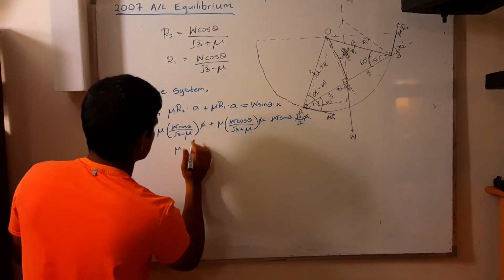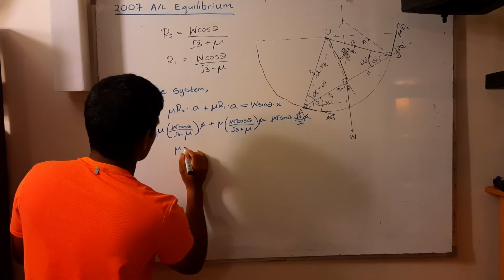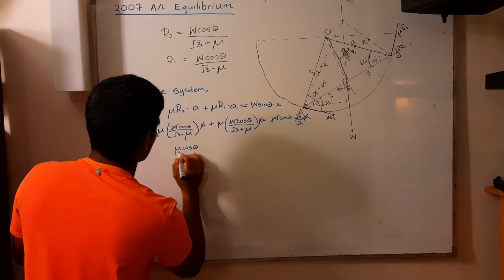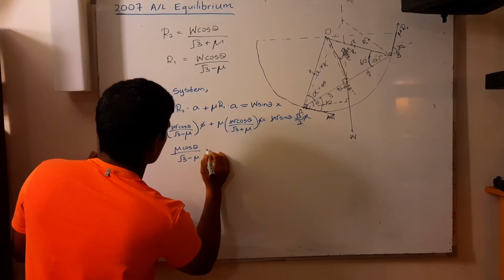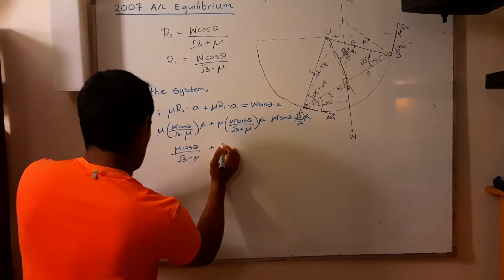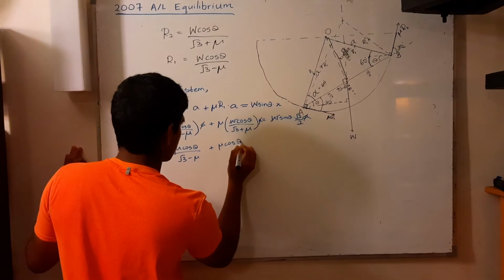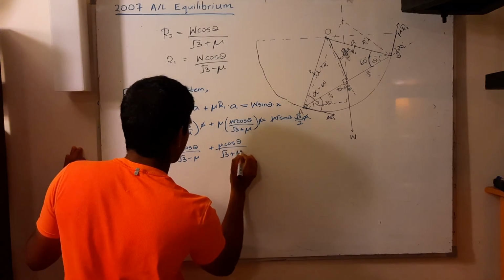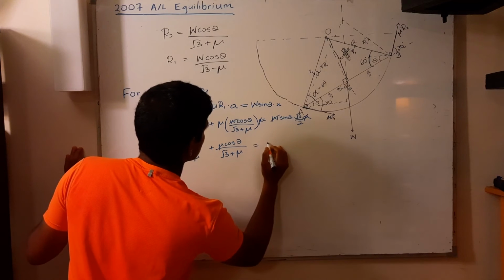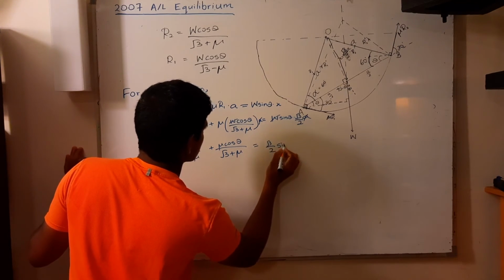So then we can say mu cos theta over root 3 minus mu, plus mu cos theta over root 3 plus mu, equals root 3 over 2 sin theta.